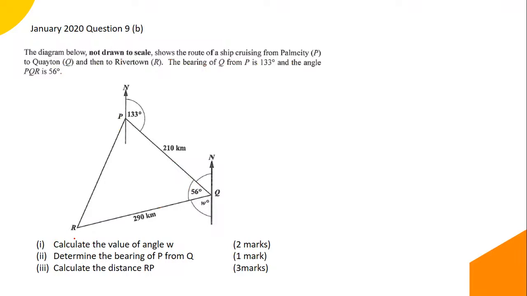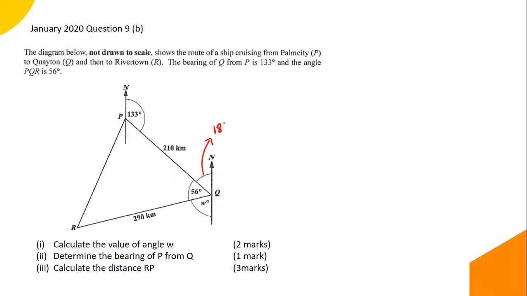They, however, want us to calculate the value of angle W, right? So this is W here, and we have to calculate this angle. We know that this whole thing here is 180 degrees. Now, if we could find this angle, we could find this angle. These two angles here add up to 180 degrees, right? From our previous questions.